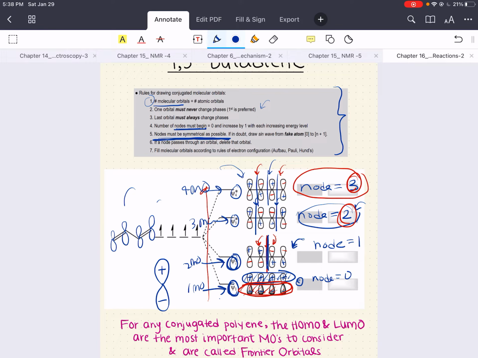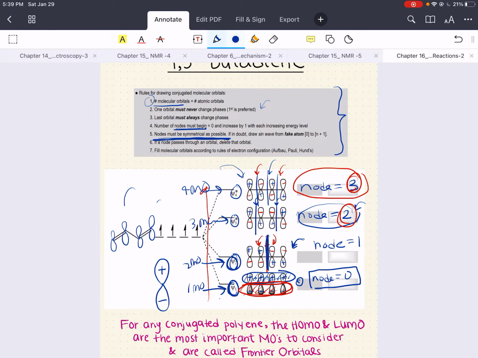Starting from the bottom, you have to make sure that your molecular orbital number 1 has 0 nodes. That means there are no phases changing when you go through this from the top. Then your second molecular orbital is going to have 1 node, 1 place of discontinuity. That means that at some point your phases are going to change.